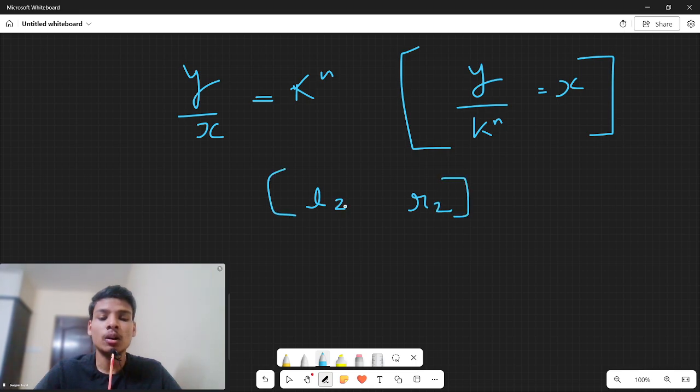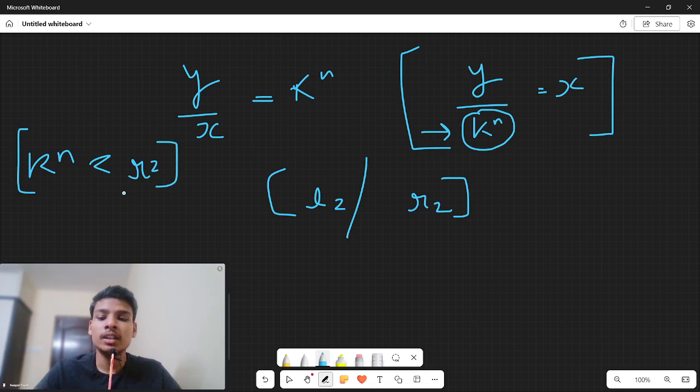So my y will always be in between L2 and R2, right? So just construct an array beforehand of all the powers of k. But you know also one thing, that k to the power n, you will be considering whether it is smaller than R2 or not, right? Because your y is smaller than R2, then your k to the power n should always be smaller than R2 also. So I hope this condition is also in your minds.